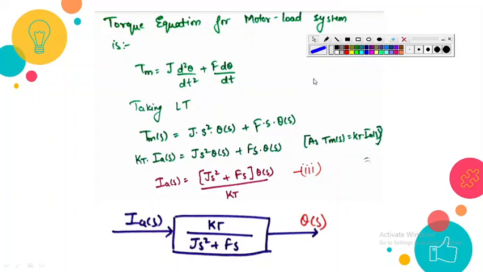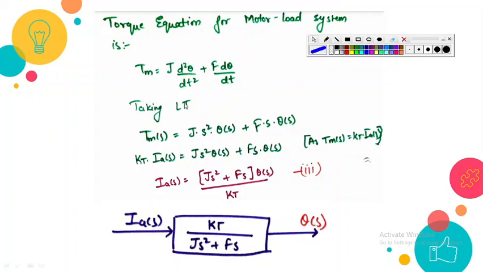And what is the load torque requirement? Your motor torque should be able to overcome the component due to inertia and the component due to friction. So the motor should be able to compensate for these values.